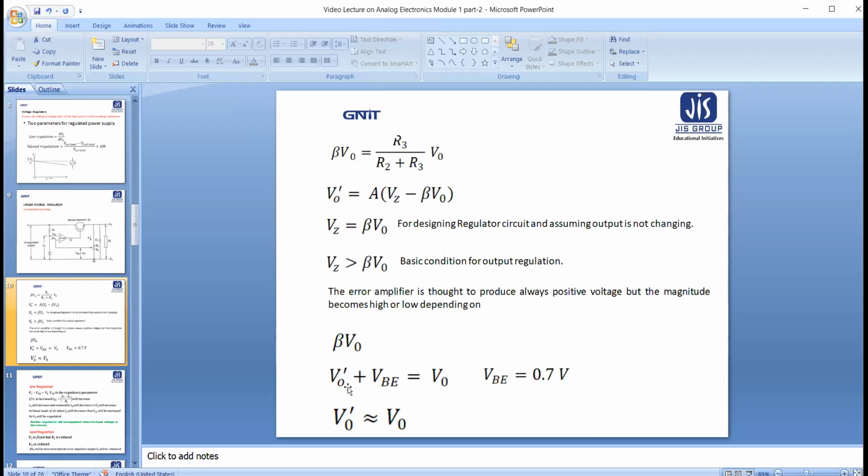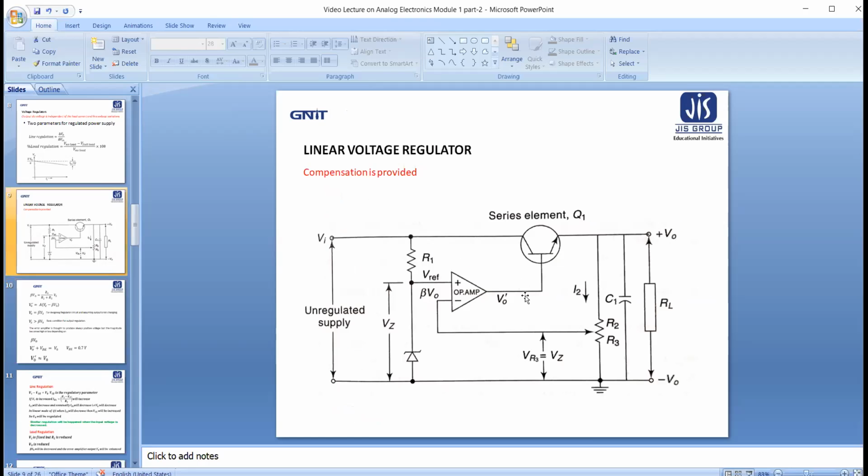Now, if we see V0 prime, V0 prime plus VBE equals V0. Please look here: V0 prime is going to the base of the transistor, and VBE is the base to emitter voltage.